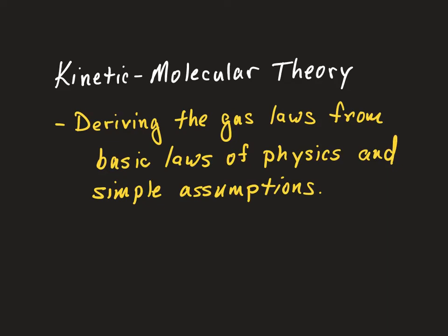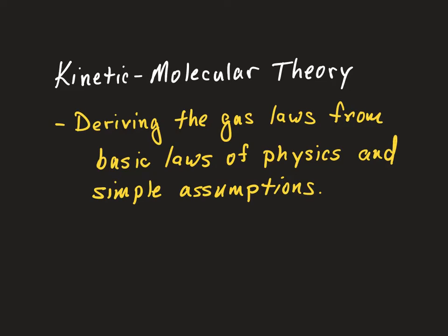In this video, we're going to talk about kinetic molecular theory. We're going to use some basic laws of physics and some simple assumptions, and we're going to derive the gas laws that other people determined by experimentation.